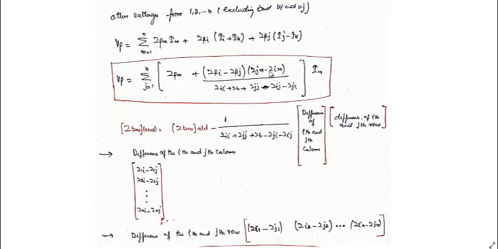This will represent the difference of the row. That is Zi1 minus Zj1 when m is equal to 1. When m is equal to 2, it is Zi2 minus Zj2, like this. When m is equal to n, Zin minus Zjn, it will be like this.